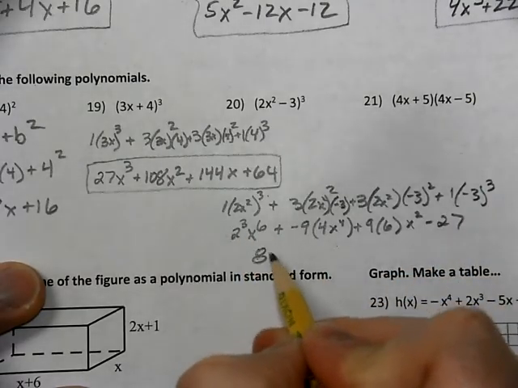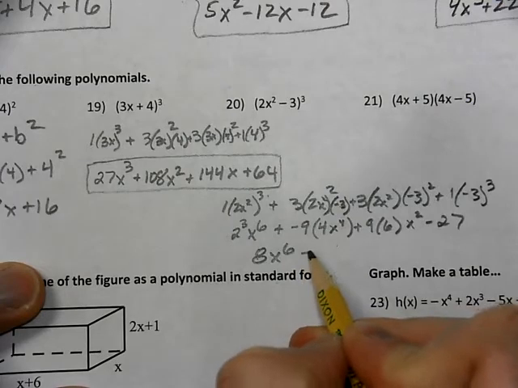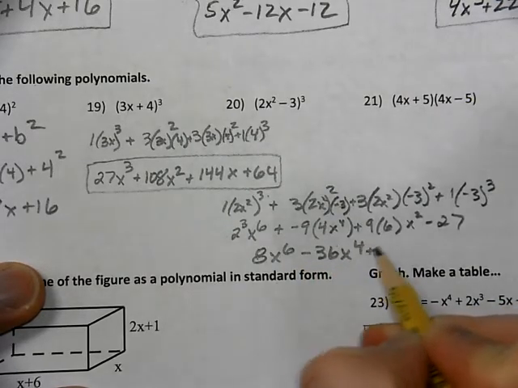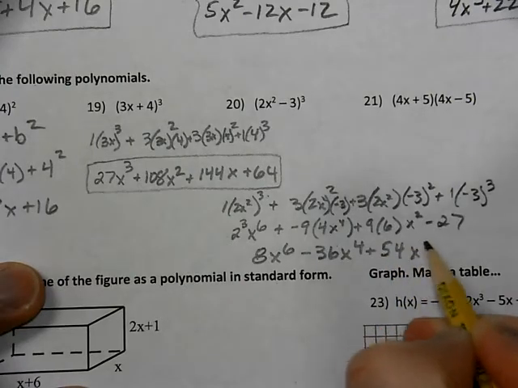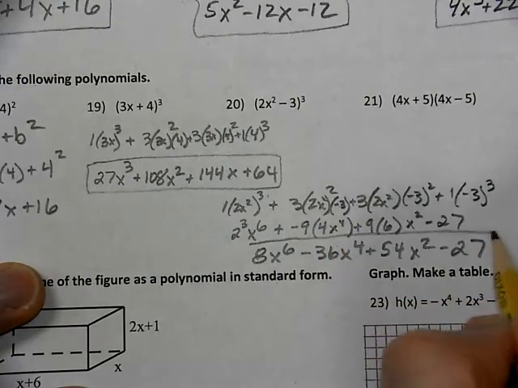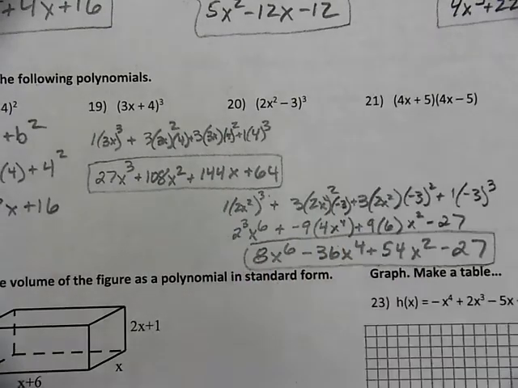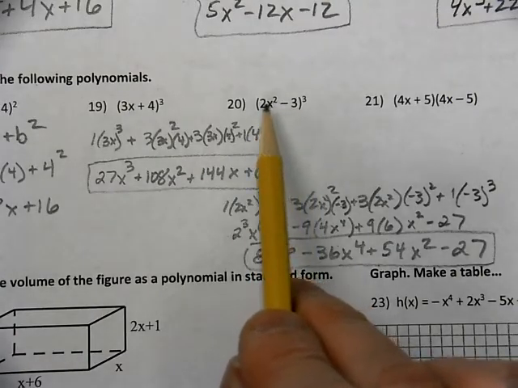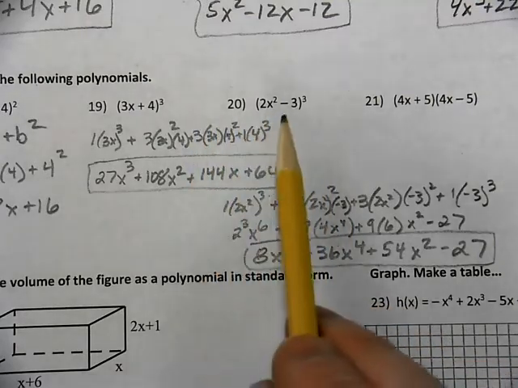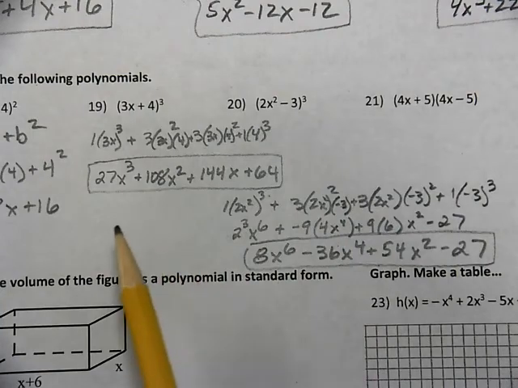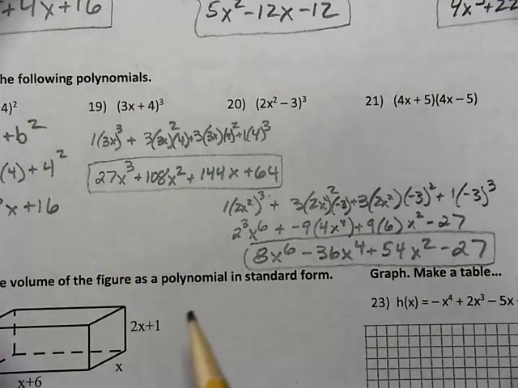So we're going to get 8x to the sixth minus 36x to the fourth plus 54x squared minus 27. Notice how we did this without setting them all out and doing a FOIL and then another double distribution throughout it. There's a pattern. You can do it either format, but the pattern's kind of a neat way to see it.